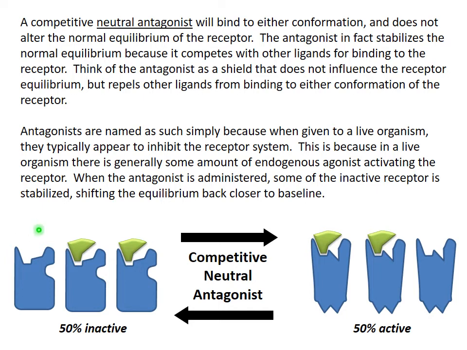The inverse agonist would shift us to the left. The neutral antagonist would shift us somewhere in the middle, so we have a balanced population. So we can actually show a neutral antagonist potentially showing us some increase in biological activity in the presence of an inverse agonist.